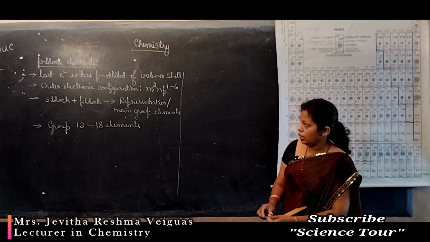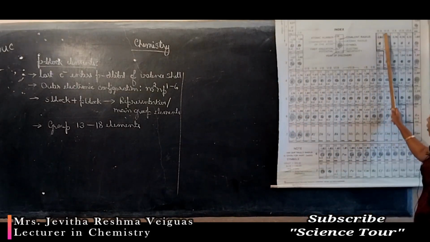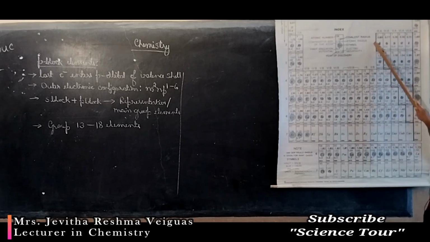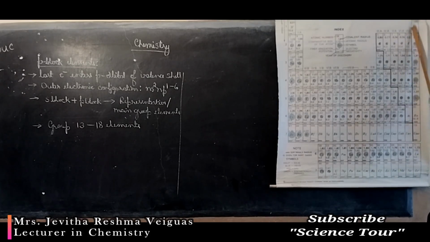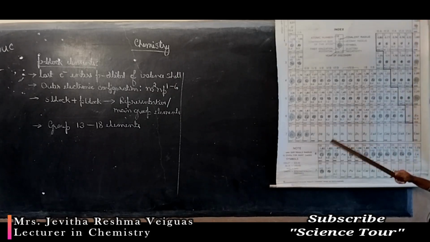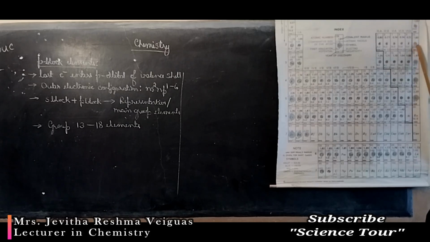Which is group 13? You can see on the right side, it starts from boron, and group 14 starts from carbon, group 15 starts from nitrogen, group 16 starts from oxygen, group 17 starts from fluorine, group 18 starts from helium, but helium has a configuration similar to S block elements.